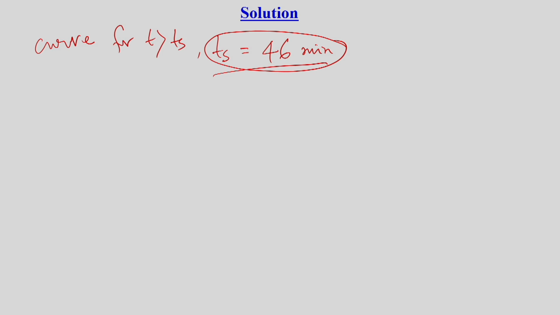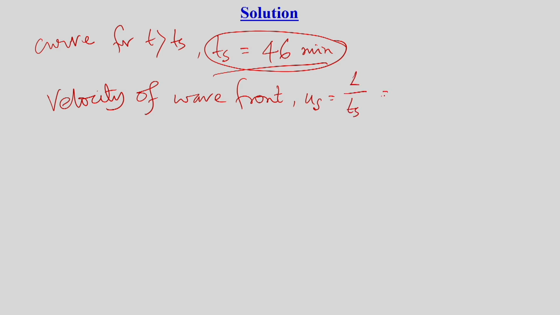Now the velocity of the wave front is already given. The velocity of the wave front, u s, is equal to L by T s, that is 0.2 meter by 46 minutes, in meters per minute.